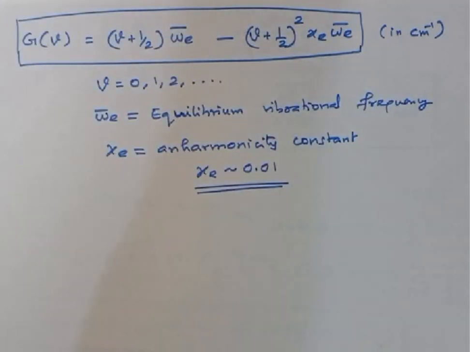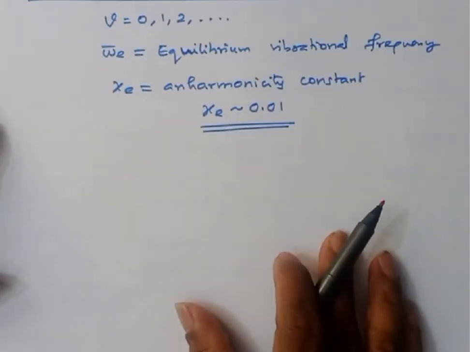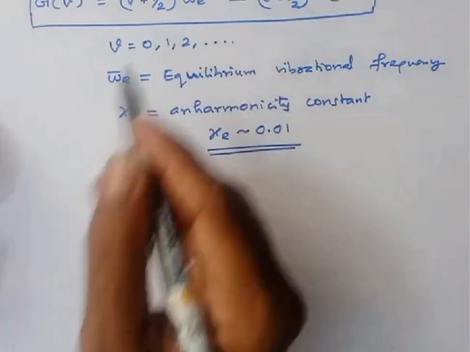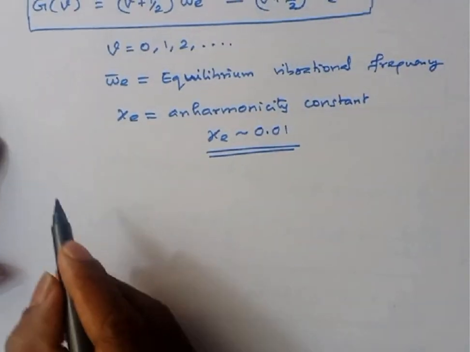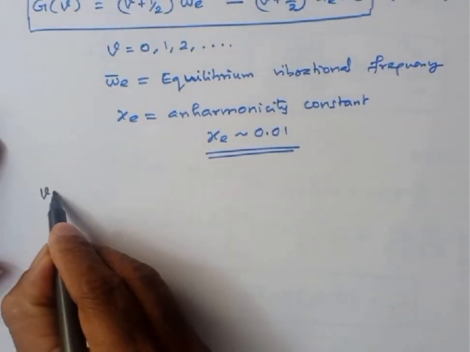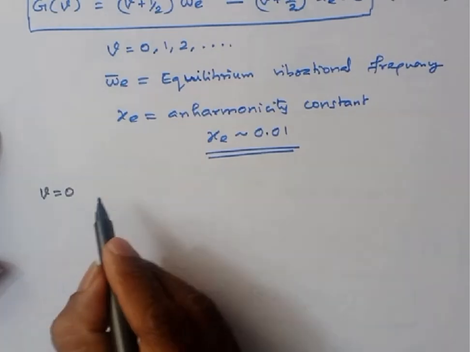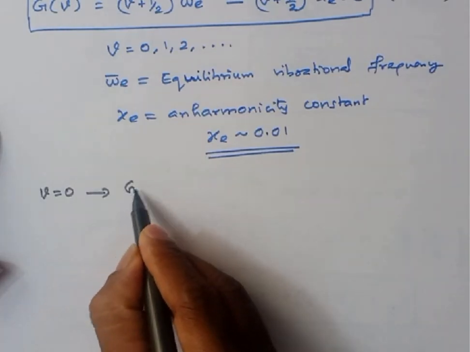Let me find the value of GV first for different vibration levels. If V equal to 0, it is called the ground vibrational state. For the ground vibrational state, what is the energy?